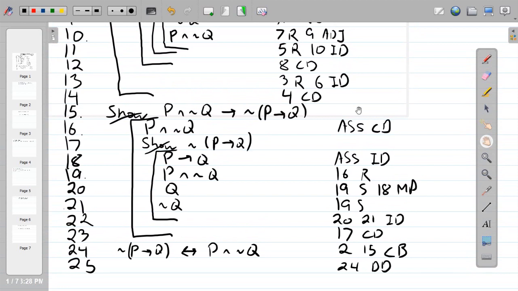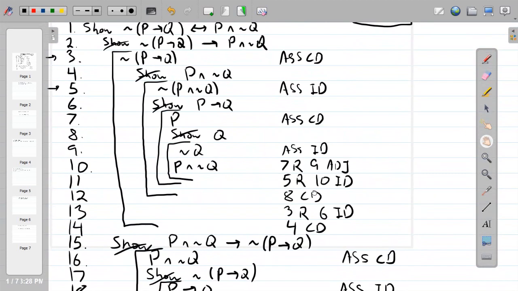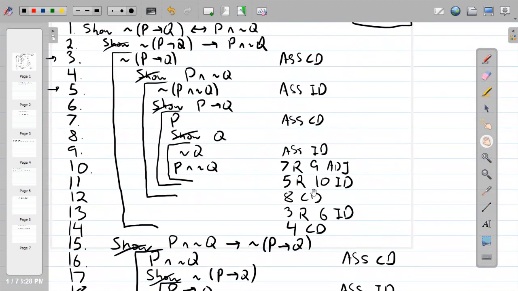Now that was showing both directions of the theorem, right? So suppose you're in a basic rules derivation. Sometimes we'll allow you to use these derived rules. Sometimes we'll require that you don't.